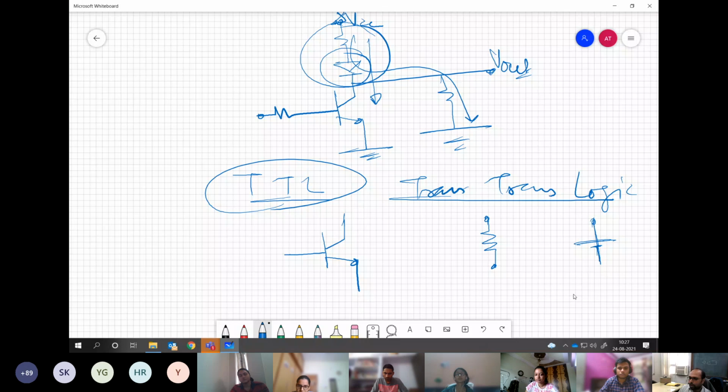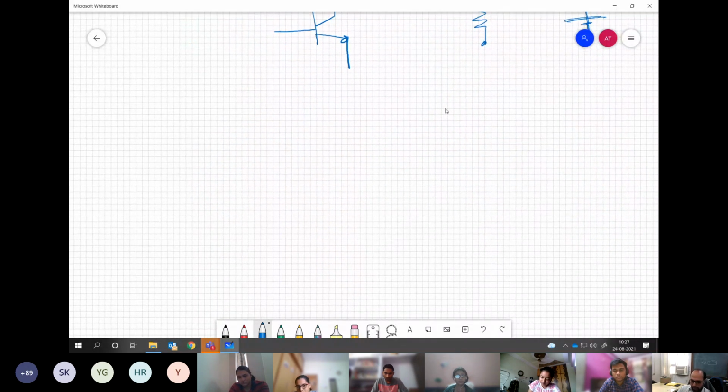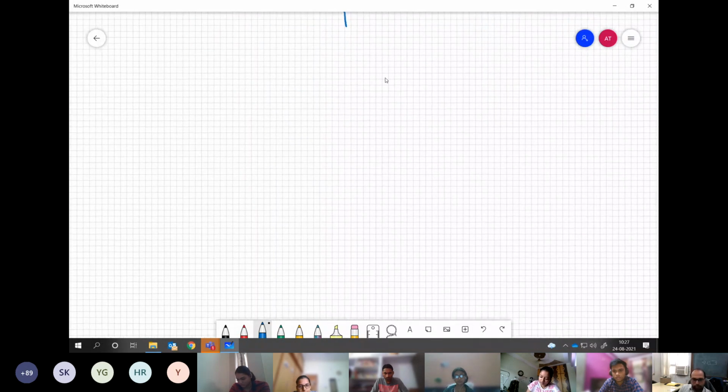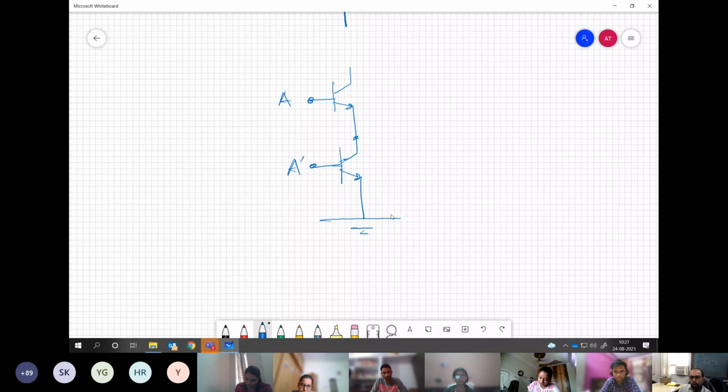Yes or no? So somehow, if you can have two transistors working in opposite modes, something like this, and somehow you manage to give complementary inputs to these transistors. Let's say you are giving some input A, then you give A dash over here, and you try to connect any load.